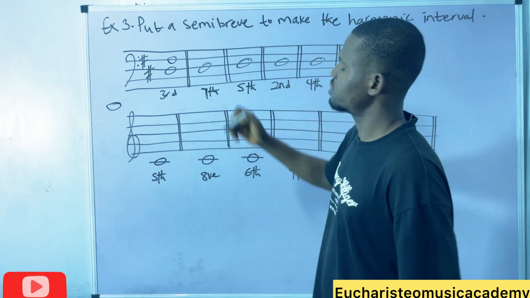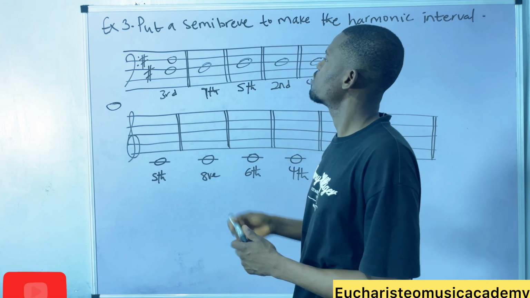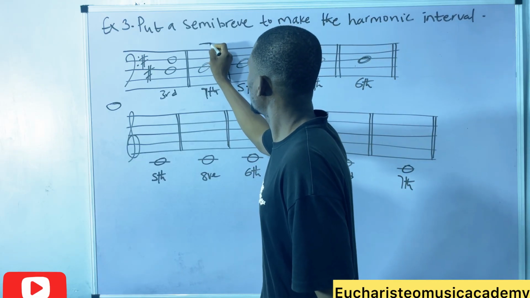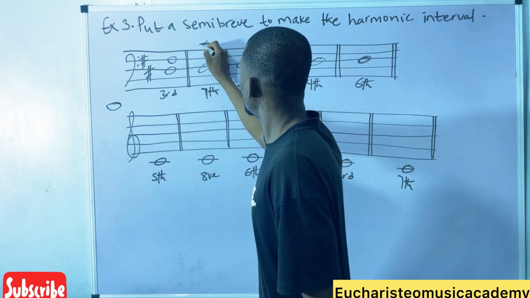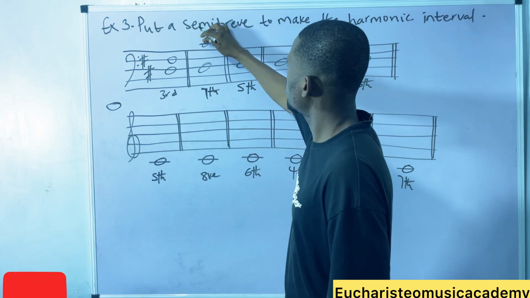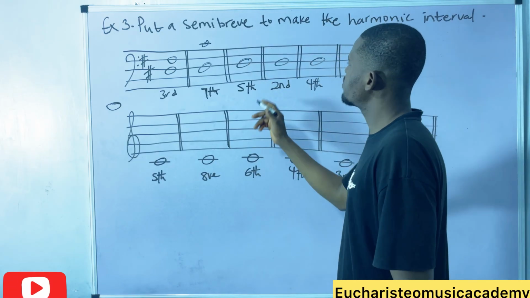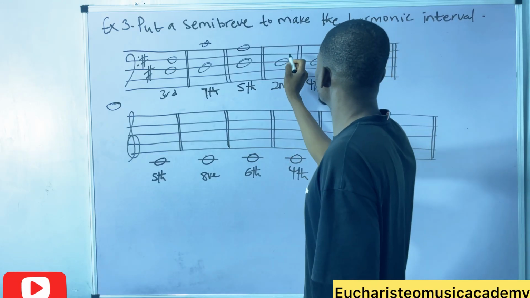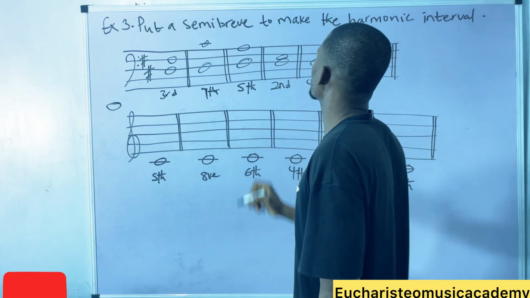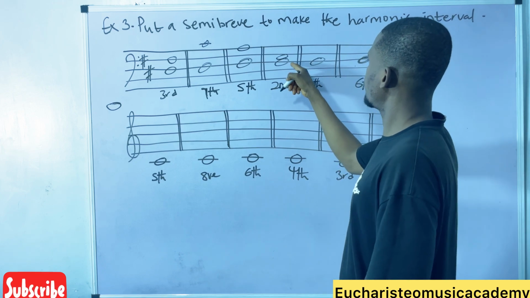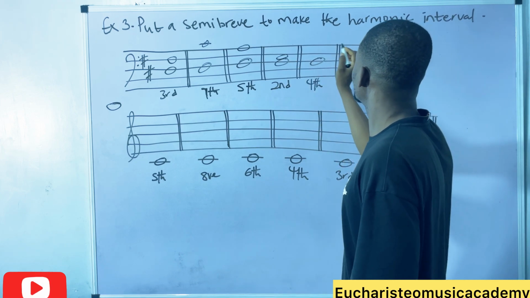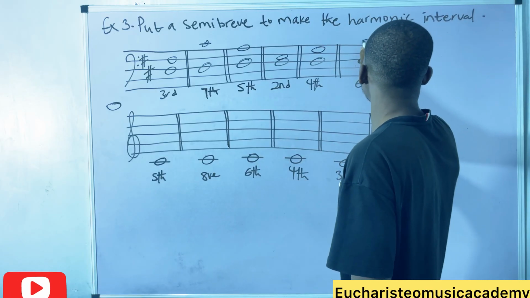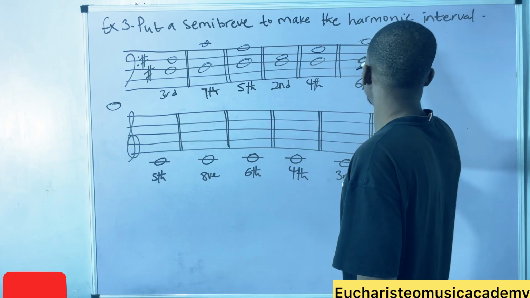Simple. Seventh. Count. 1, 2, 3, 4. Fifth. Inside the space, so this is line 1, second, fourth. The following, sixth. 1, 2, 3, 4, 5, 6.